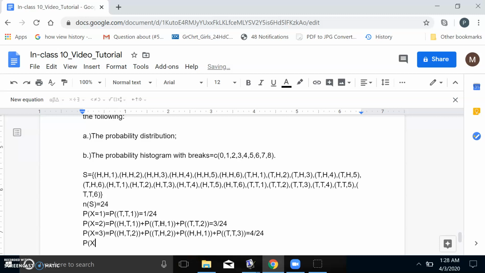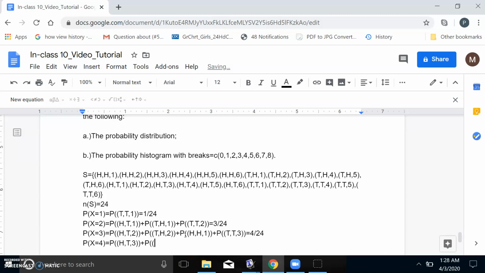Probability x is 4. You may predict it looks like it's going up. Well, let's see a pattern here: it goes 1, 3, 4. So it's not clear what's happening. So for this one, we could have 1 head, a tail, so then we need a 3 here.